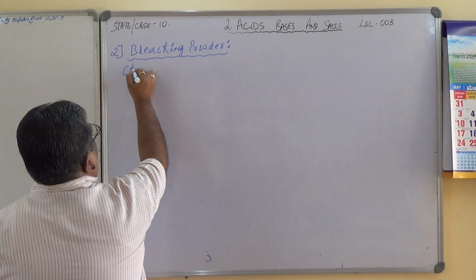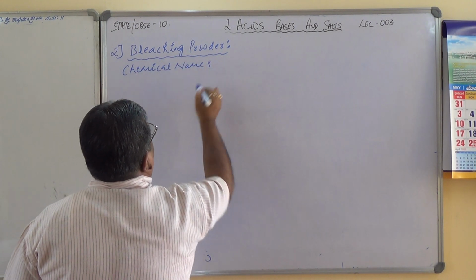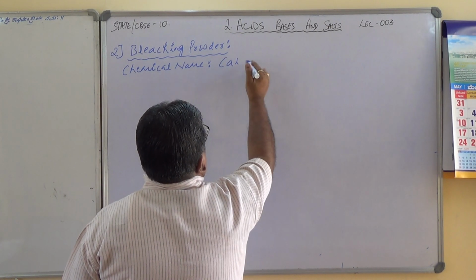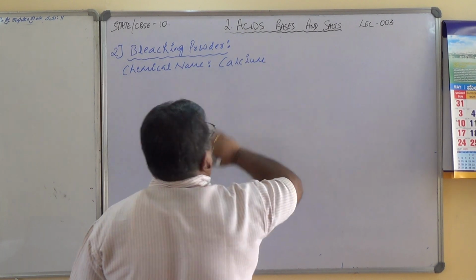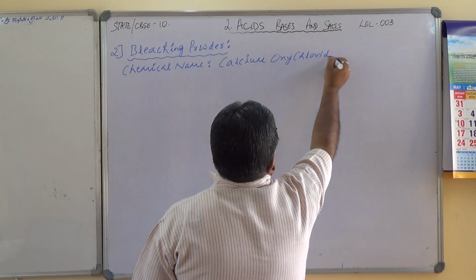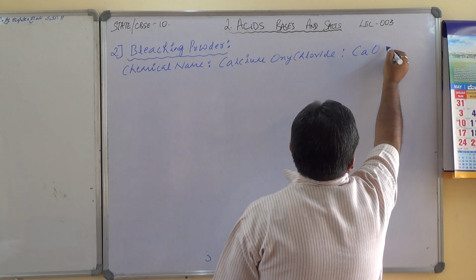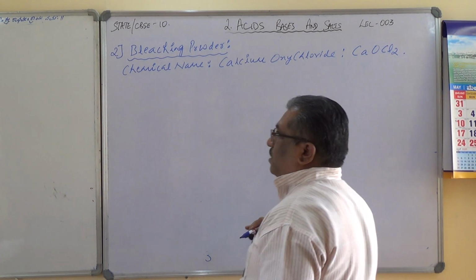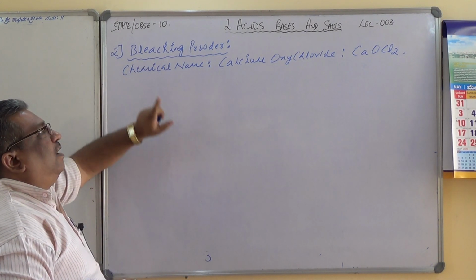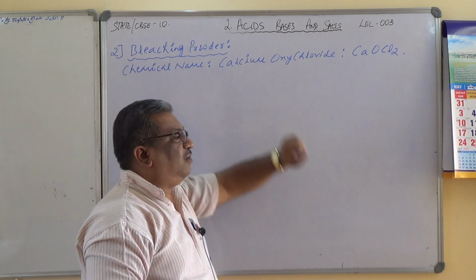What is the chemical name? Chemical name is calcium oxychloride. What is the chemical formula for this one? CaOCl2. So bleaching powder is a common name, or also it is called a commercial name. Chemical name is calcium oxychloride.